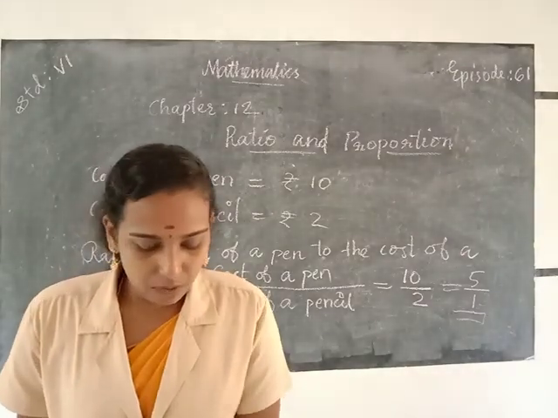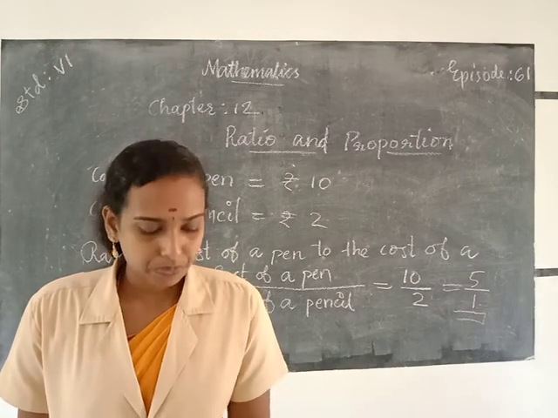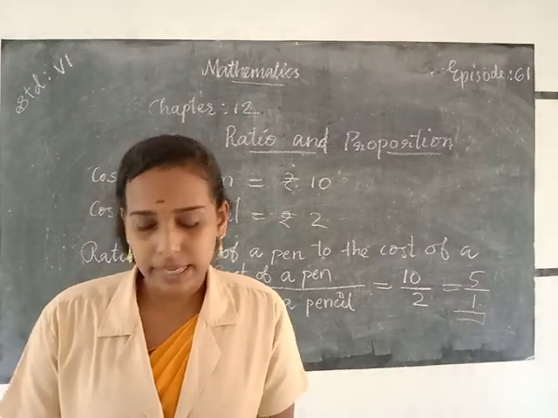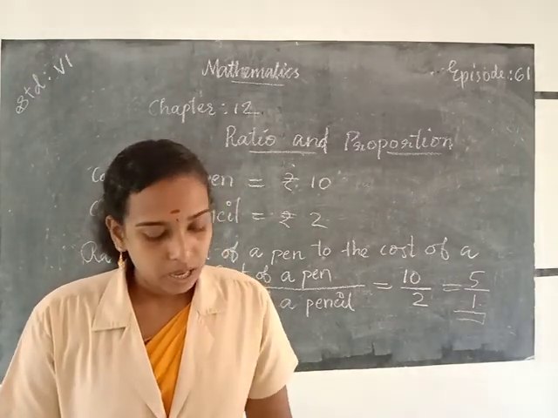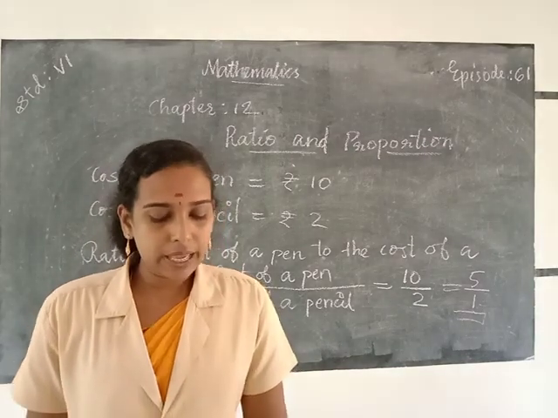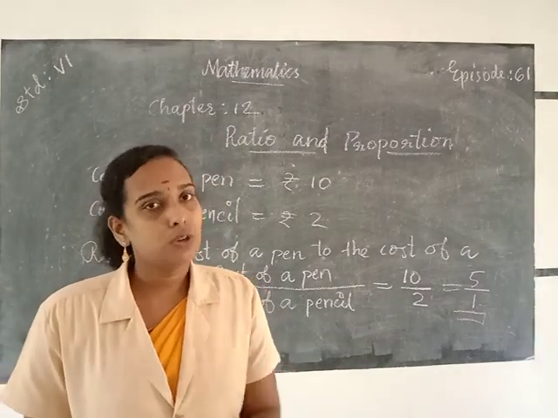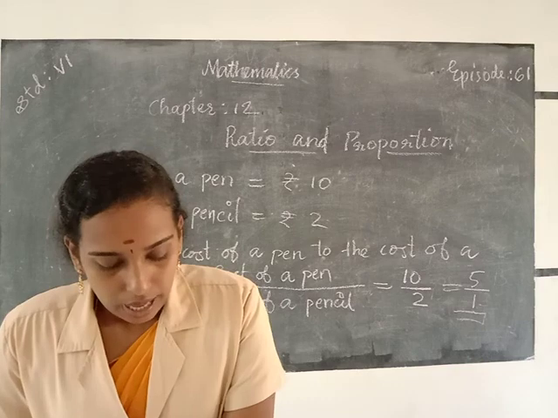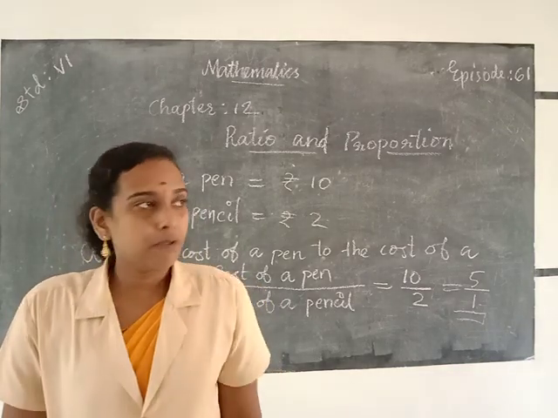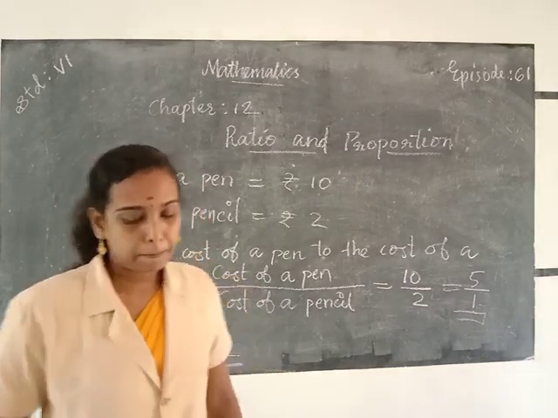In this way we can find the ratio of two quantities in the same units. So two quantities can be compared only if they are in the same unit. And same ratio in different situations.